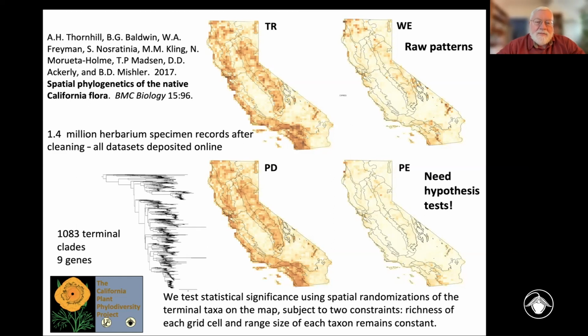And on the bottom 2, it's the phylogenetic diversity on the left and the phylogenetic endemism on the right. And you see there is apparent correlation between richness and PD, so the 2 left ones, and there's some correlation, visually at least, between the 2 patterns on the right, weighted endemism and phylogenetic endemism. So, the expectation is that those should be pretty similar.